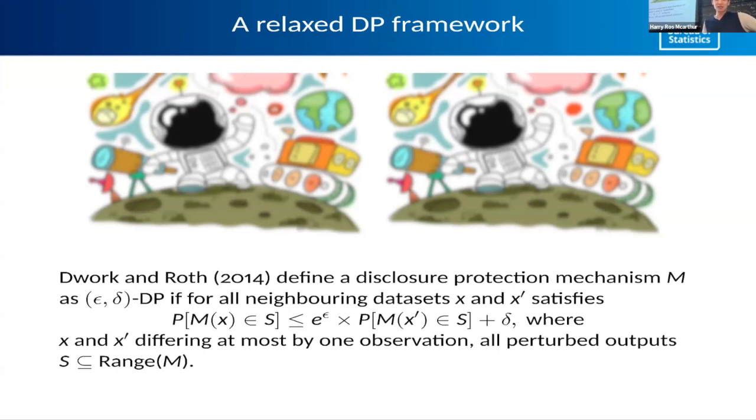An easier way to think about this is to imagine you try to spot the difference between two blurry pictures, two tables that have been protected under some mechanism. If you do your job right, you shouldn't spot the difference. There's one little minor difference between these two blurry pictures.